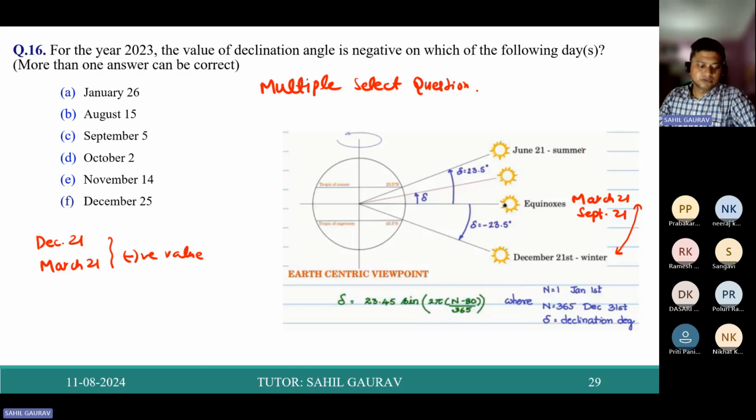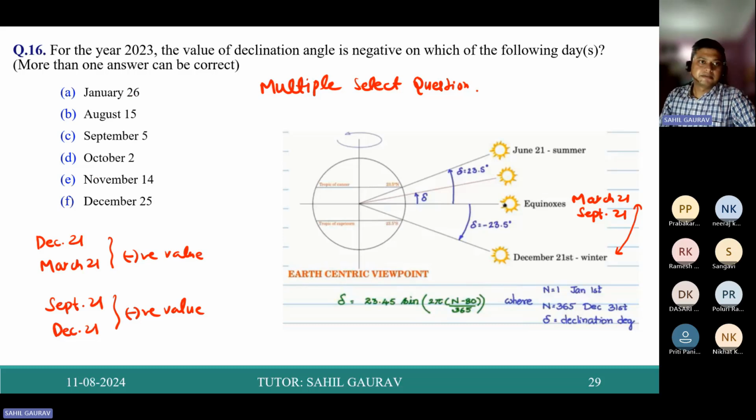And from March 21st to June 21st, it will be positive again. And for June 21st to September 21st, it will be positive. And from September 21st to December 21st, it will be negative. So whatever dates lie in the negative ranges, the declination angle is negative there. So what are the values that lie between these?